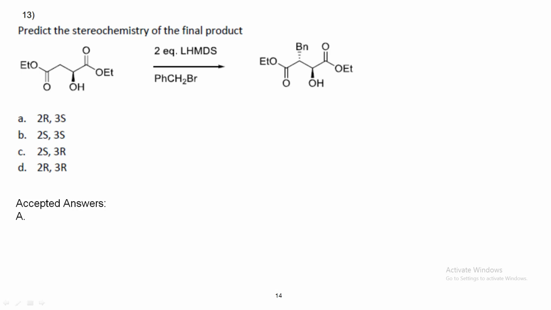Moving to the next problem, so they are using two equivalents of LHMDS and forming this. Okay, so first LHMDS, this base, should abstract the proton from the hydroxide, make it O minus, followed by abstraction of this particular alpha, any of the alpha protons.